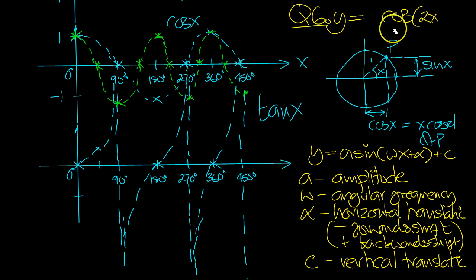So let's put in the plus 90 degrees. If I put in, say, x is 45, that'll be cos 90, and 90 plus 90 is 180. Cos 180 is that. No, this is cos 2x.